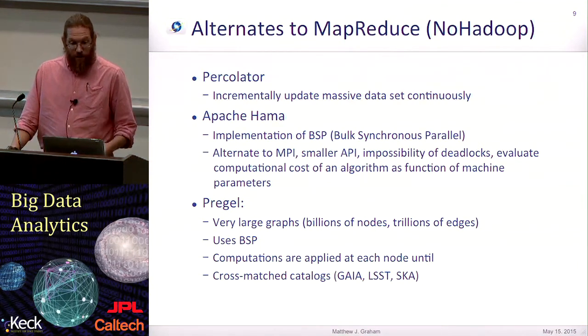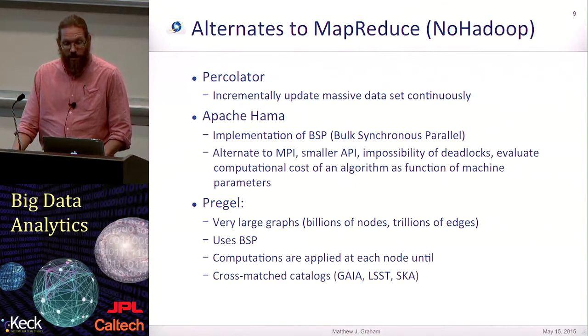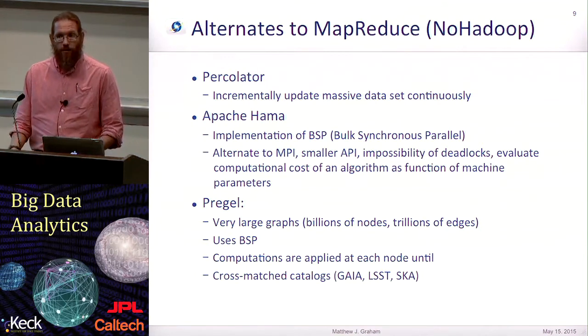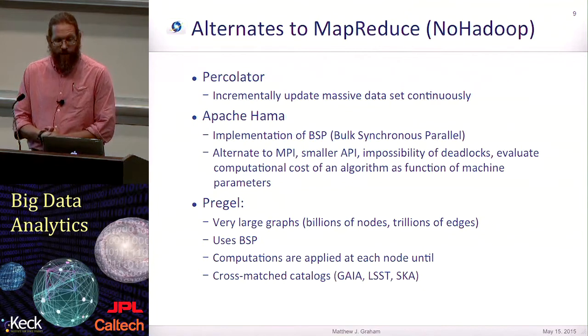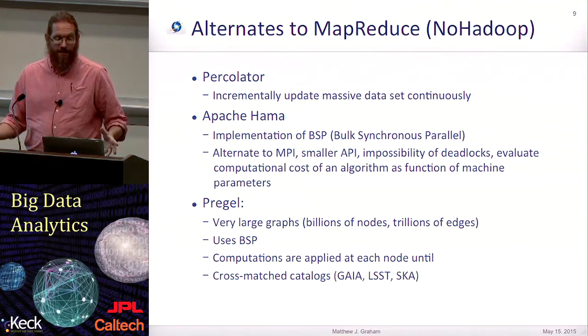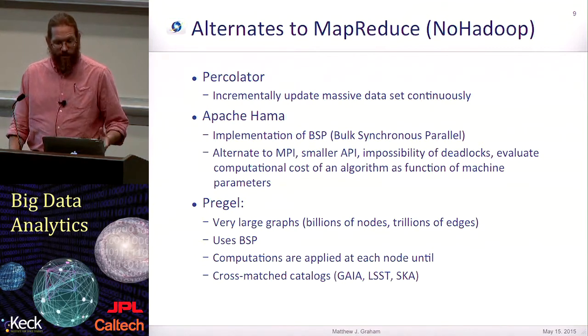There's a thing called Pregel, which is an infrastructure for working with very large graphs. So again, if you want to do web-scale analysis, where you have very large linked data sets with billions of nodes, trillions of edges, Pregel is the sort of thing you might want to consider.